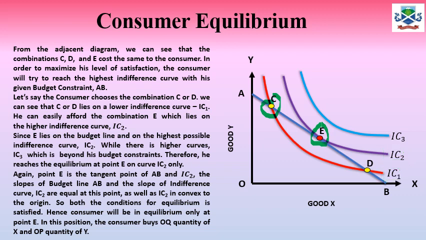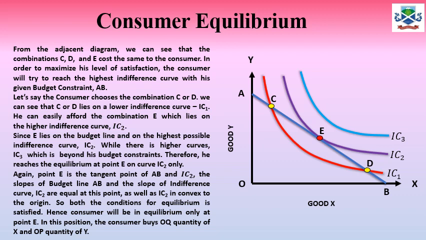So the consumer, with the given income, gets maximum satisfaction while consuming the combination at point E on IC2. The slope condition is again satisfied at point E, where the slope of the budget line and the slope of the indifference curve are equal.